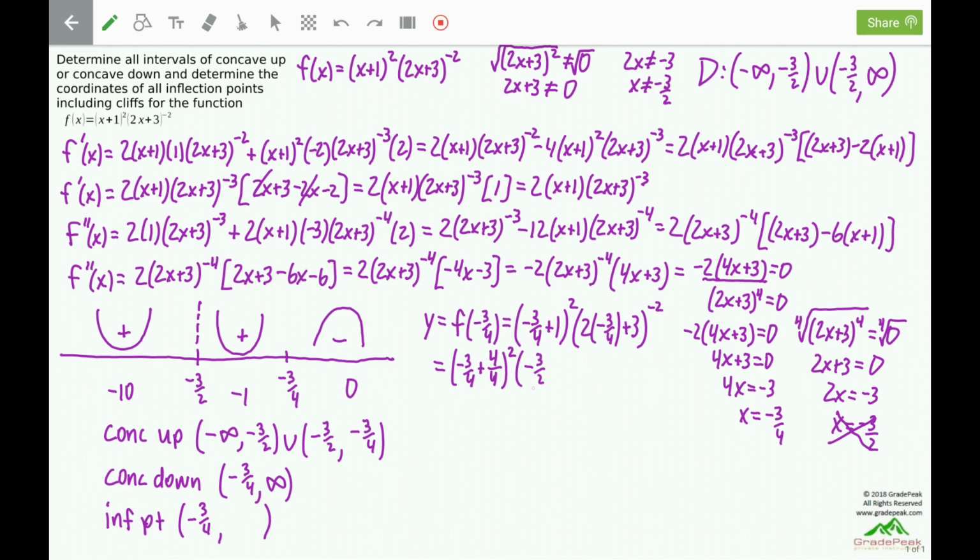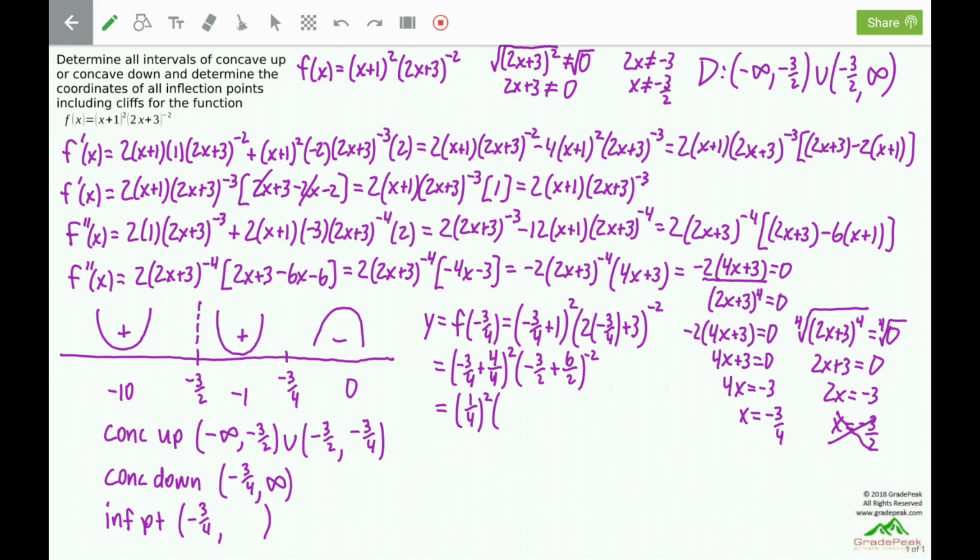So we have a -3/2 plus a 3, which we can get a common denominator by putting it over 2, multiplying by 2/2. It'll be a 6/2 to the -2 power. -3/4 plus 4/4, adding the numerators, -3 plus 4 is a 1. We have 1/4 to the power of 2. And we'll have a -3/2 plus 6/2.